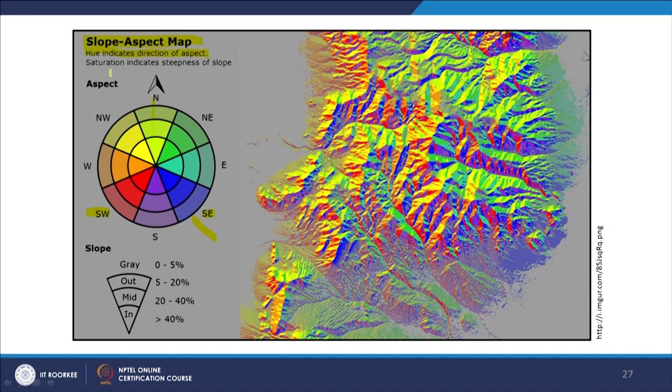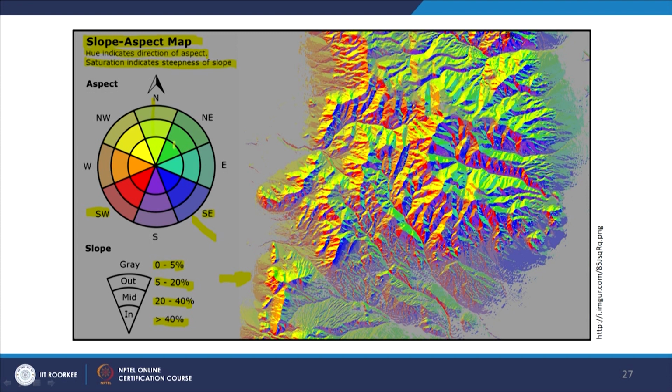So the hue indicates the direction of the aspect of the sloping surface, and saturation indicates the steepness of the slope, that is, the value of the slope. So, the more color you are having, the more slope you are having, though it is shown in terms of percentage, that does not matter. As you go inside this circle above, you find that the saturation of colors is increasing. Similarly here, if I take any sloping surface, I am getting a very bright color in this part.